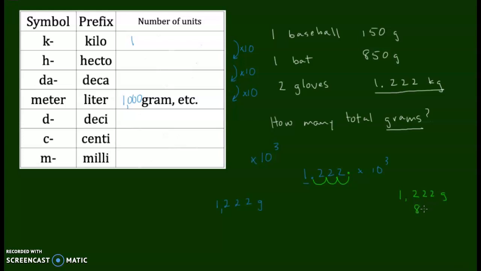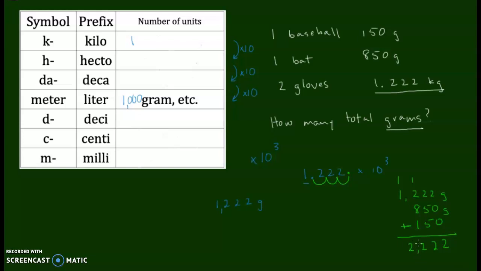The baseball weighs, well, let's do the bat first. The bat weighs 850 grams, and the baseball weighs 150 grams. So if we added all those together: 2 tens plus 5 tens is 7 tens, plus 5 tens is 12 tens. 100 plus 200 is 300, plus 800 is 1,100, plus 100 is 1,200, and then 1,000 plus 1,000 is 2,000.